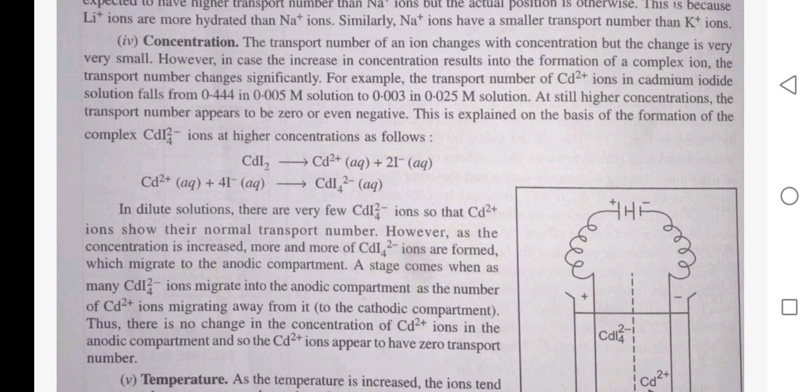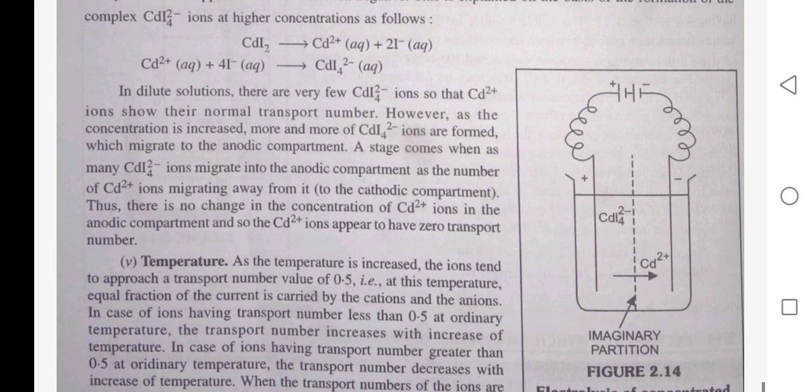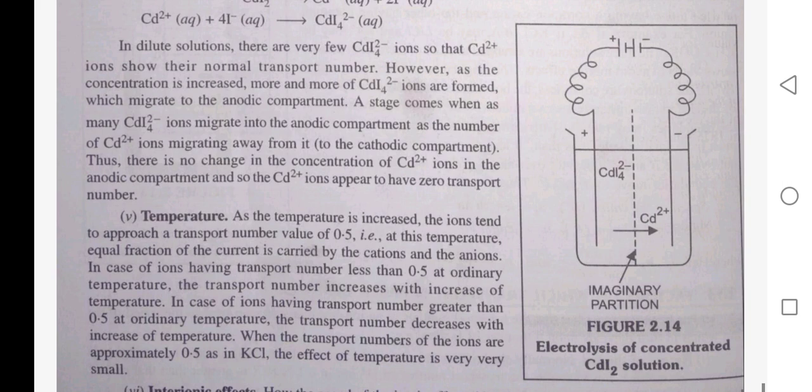This is explained on the basis of formation of a complex CdI4 2 negative ion at higher concentration, as follows. CdI2 gives Cd2 positive aqueous plus 2I negative aqueous; Cd2 positive aqueous plus 4I negative aqueous gives CdI4 2 negative aqueous. In dilute solution, there are very few CdI4 2 negative ions, so that Cd2 positive ions show their normal transport number.